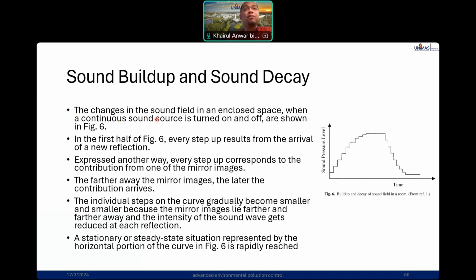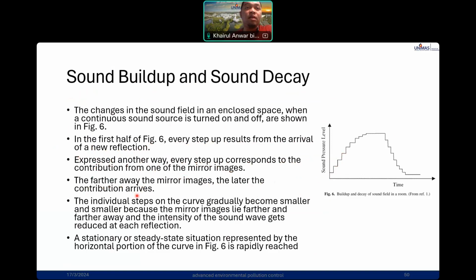The changes in the sound field in an enclosed space when the sound source is switched on and off are shown in figure 6. See, in the first half of figure 6, every step results in an added contribution. Expressed another way, every step up corresponds to the contribution of a mirror image. The farther away the mirror image, the later the contribution arrives.